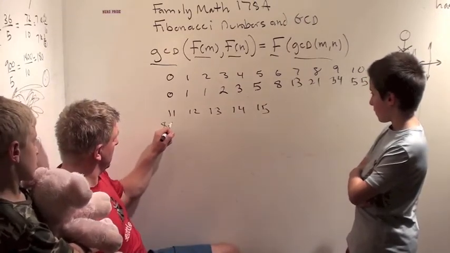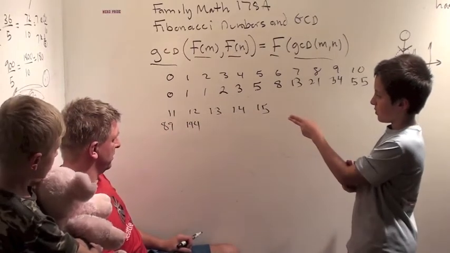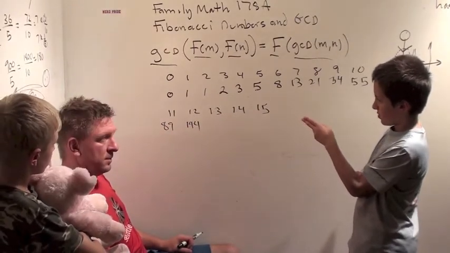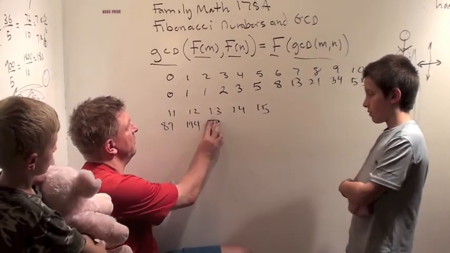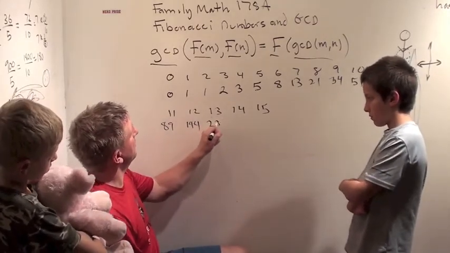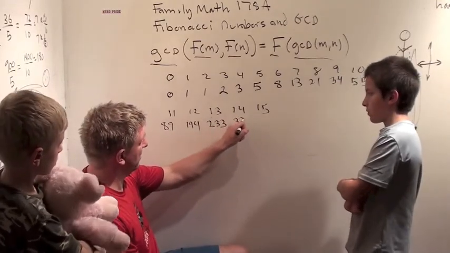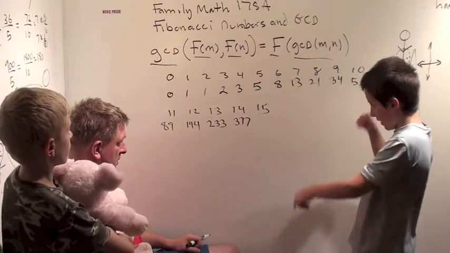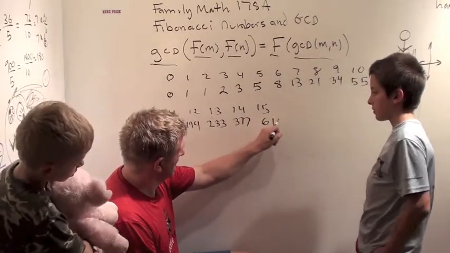Very good. 144. Very good. I think it's 233, which is a number I can't write. 233. 377. Very good. Then we have 610. Yeah, let's stop there.